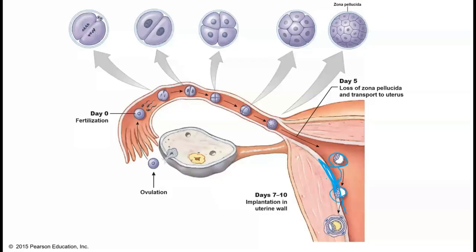Eventually this thing will tap into one of mom's blood vessels, and then it will be hooked up to the pipeline. But until that happens, it needs to rely on some surface nutrients here. And that's all provided through the actions of progesterone. Progesterone is what causes the secretion of that nutrient-rich bed of substances, and it's made by the corpus luteum.